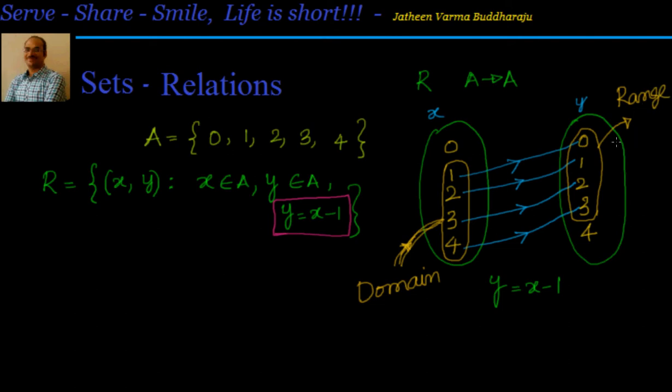Domain of the relation and range of the relation. Here you can see 0 is not part of the domain because 0 is not having any link up. 1, 2, 3, 4 is part of the domain. Similarly the range is 0, 1, 2, 3.